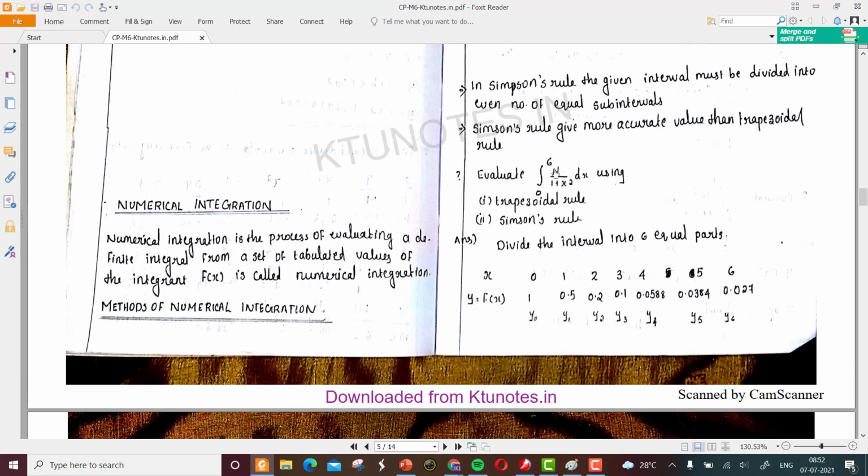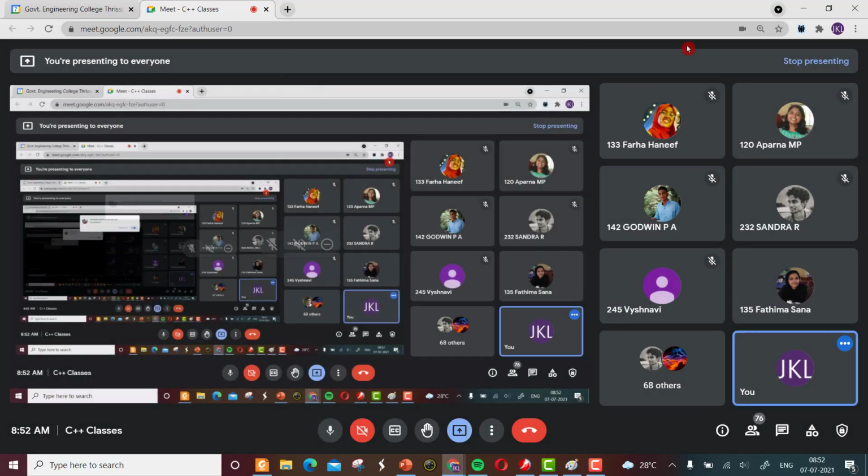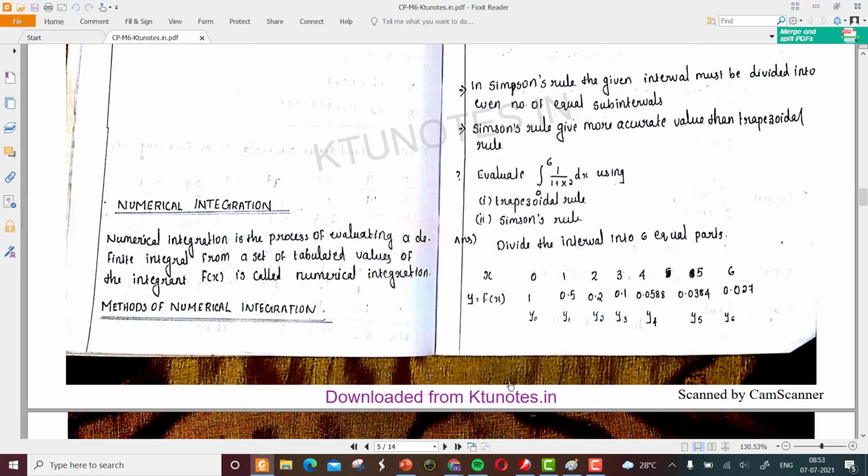1 by 1 plus 1 square, 1 by 1 plus 2 square, and so on. So all those values are found and reported in y is equal to f of x. So when you put 1, the value is 0.5, and when x is 0, 1 by 1 plus 0 square, 1 by 1 is 1.